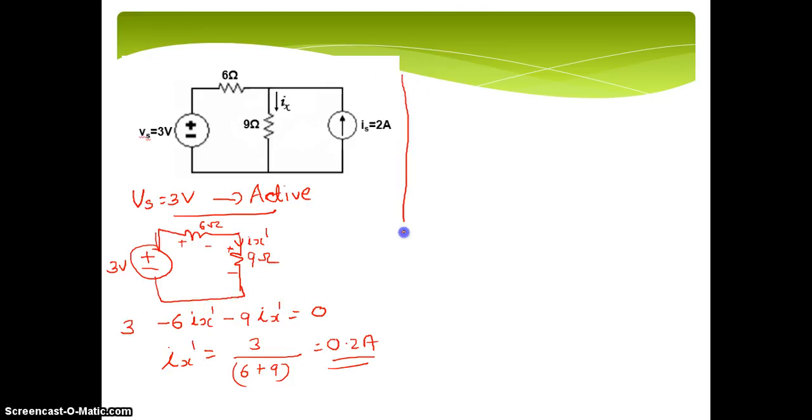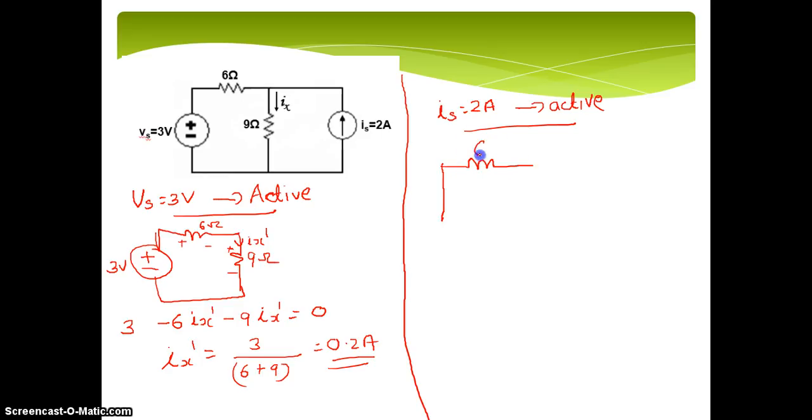So that is the first source active. Now we will go to the second source active. The second source is the current source, 2 ampere. This is now active. That means the first source is inactive. It is equal to 0, so that is represented by a short, and you have here 6 ohm and here the 9 ohm, and this is active.